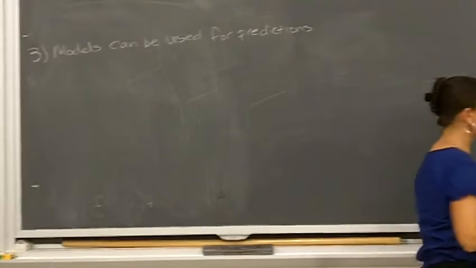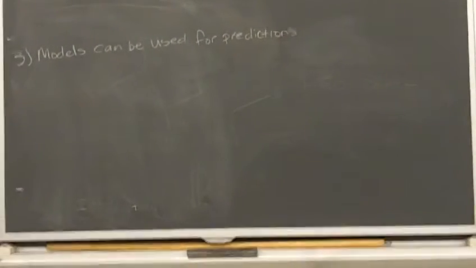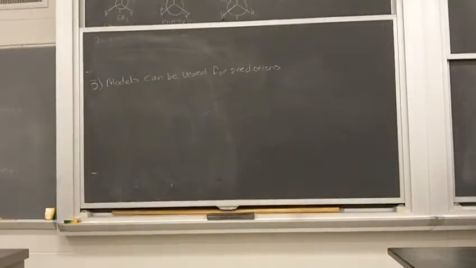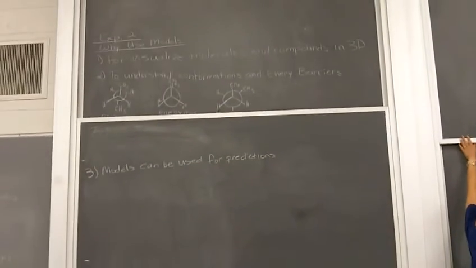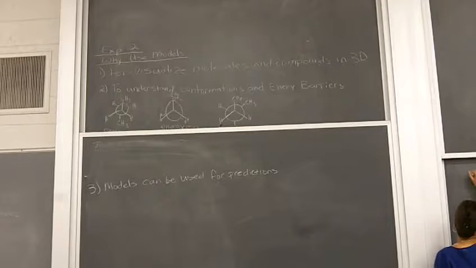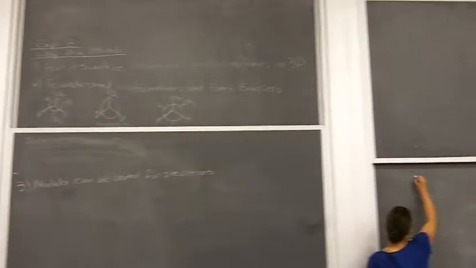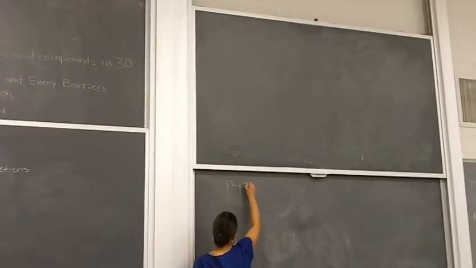Now, in lab, we're going to be looking at computer models. Eventually, in workshop, though, you're going to be using physical models. So we're going to look at both of those right now, comparing physical models versus computer models.